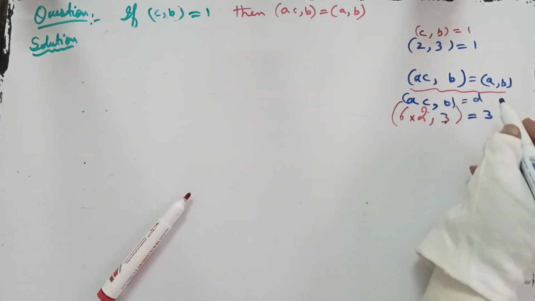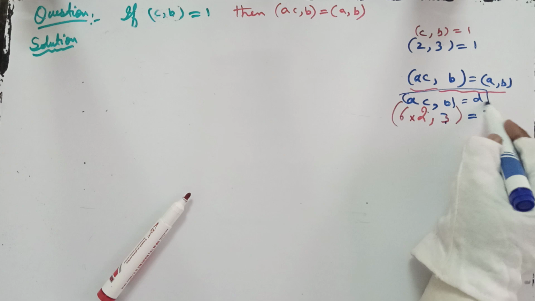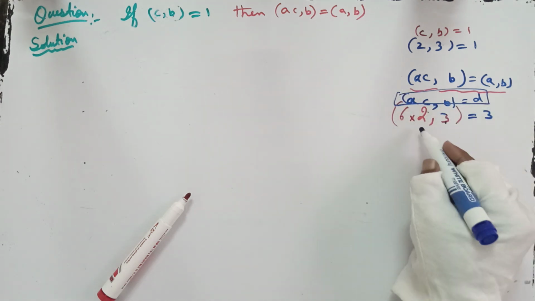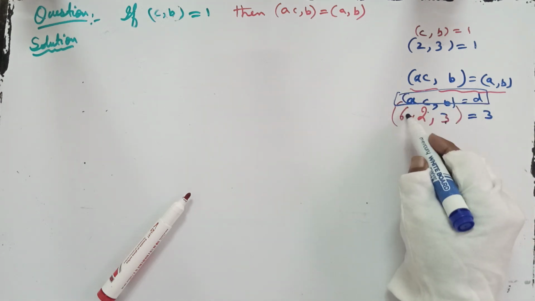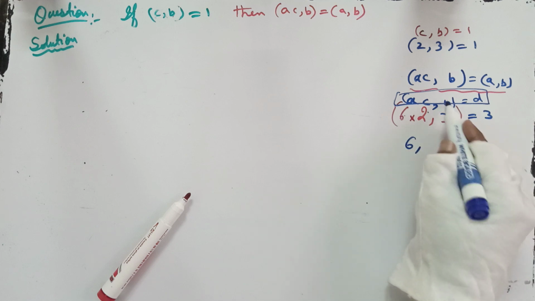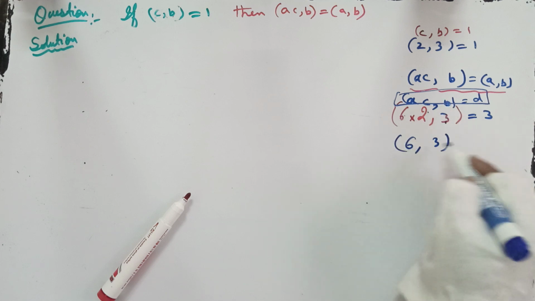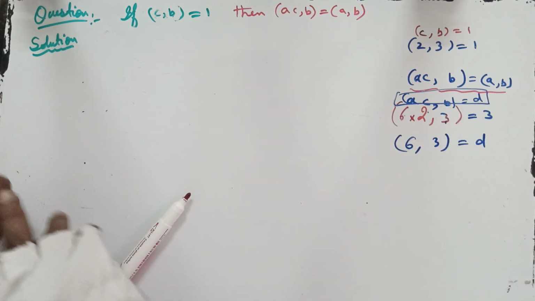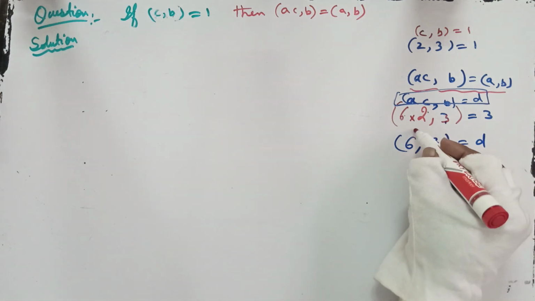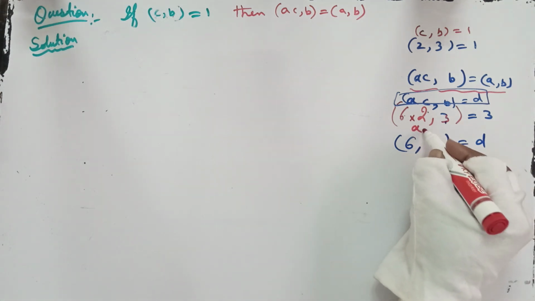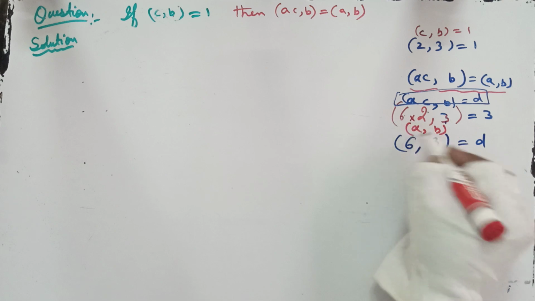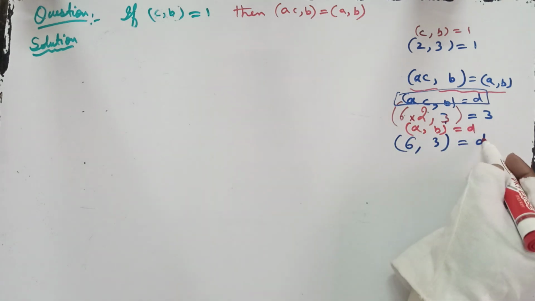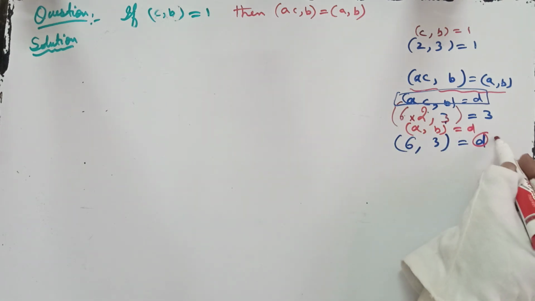Let me say it in general form. This is D. Now this A and this B also have the GCD D. What does it mean? This A and this B also have the GCD D, but their GCD is 3.